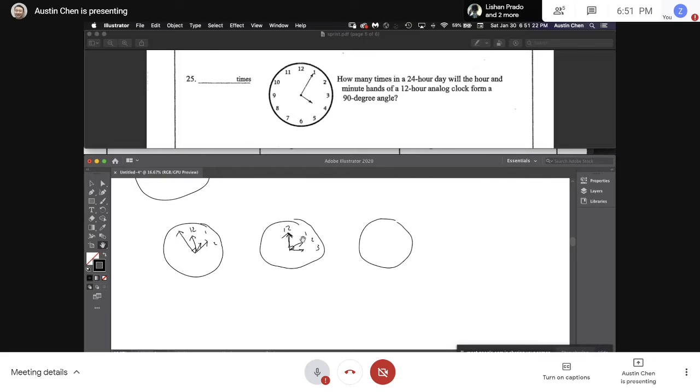Okay, and then you should be able to see that from every hour onwards from now, you're always going to have one right angle. So we had one right angle on the third hour. If we consider the fourth hour, we're going to make a right angle pretty soon, somewhere here. And then as we make this, there's going to be no right angle all the way through, right? And then we need to hit the fifth hour. So basically you can think of the right angle like precessing, right?